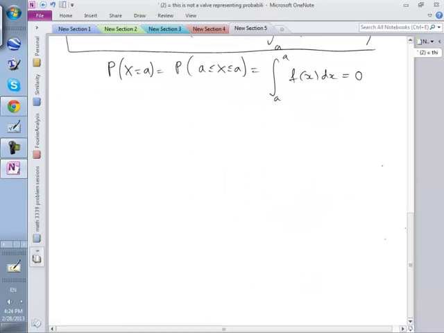And to do this, I will do the uniform distribution in the interval from 0 to 1. So I have a random variable x, which takes real values, any real value.